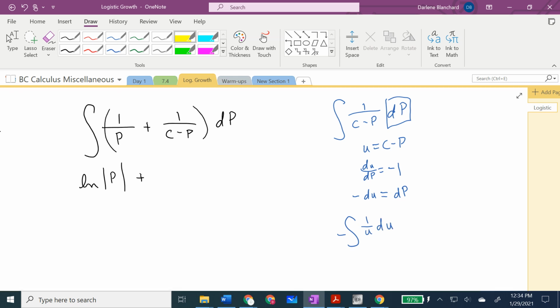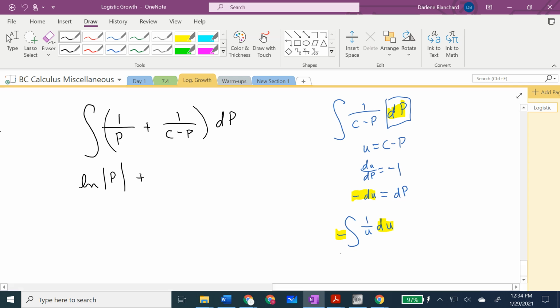And then I'm going to emphasize that my dp was replaced by du times -1, but I pulled that -1 out of the integral out of habit more than anything.